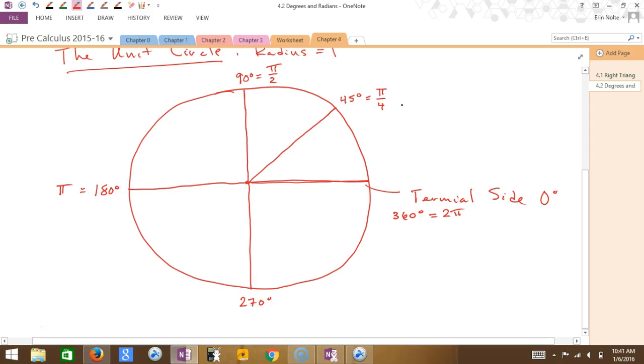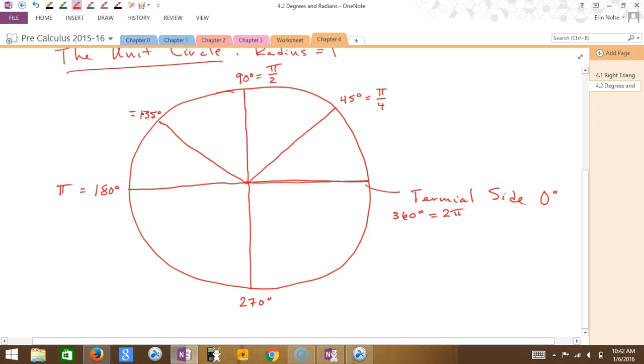Let's keep going the other way. So we got pi over 4, we got pi over 2. Halfway in between 90 degrees and 180 degrees is 135 degrees.